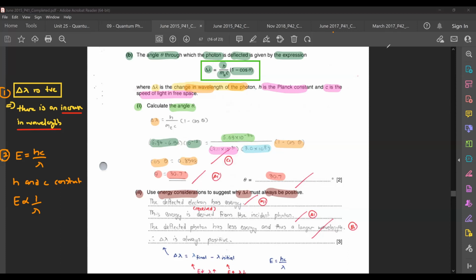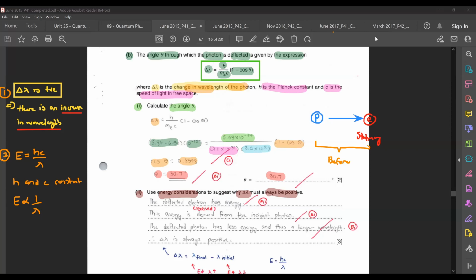So let's consider what's happening before this. You had a photon that went and collided with a stationary electron. This electron was stationary. Let's consider this as before your collision.